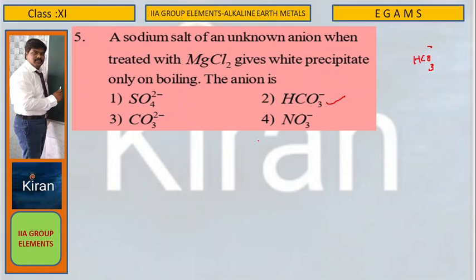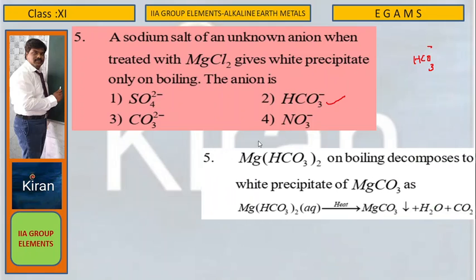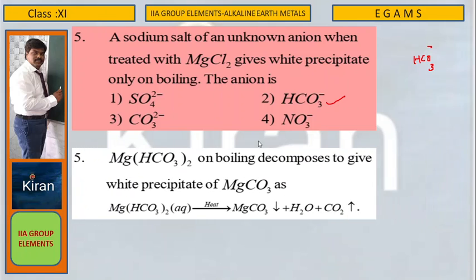So, treating with magnesium chloride, magnesium bicarbonate forms and on boiling decomposes to give a white precipitate, that is magnesium carbonate. Because of the formation of magnesium carbonate, bicarbonate is identified as the anion.